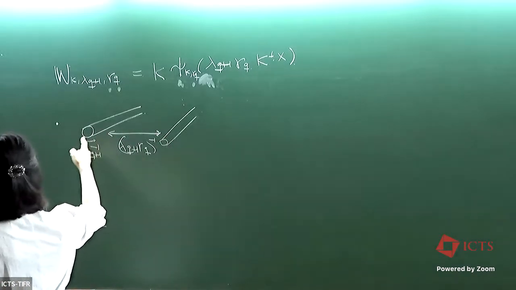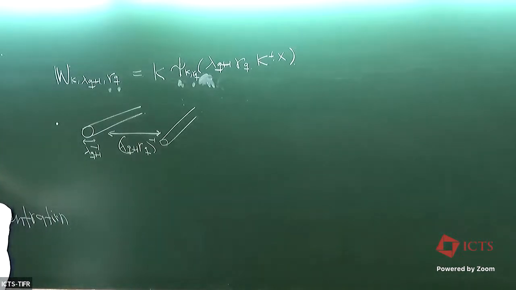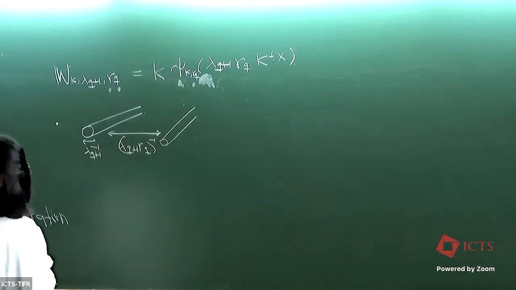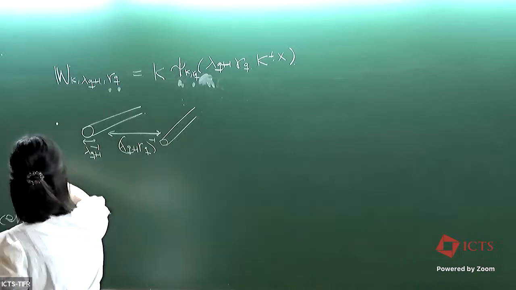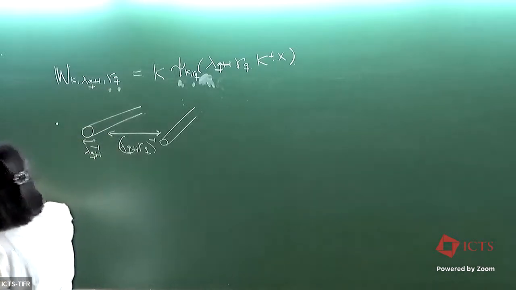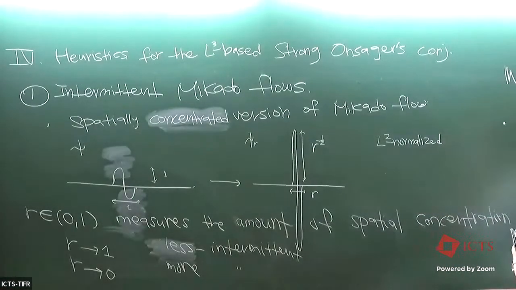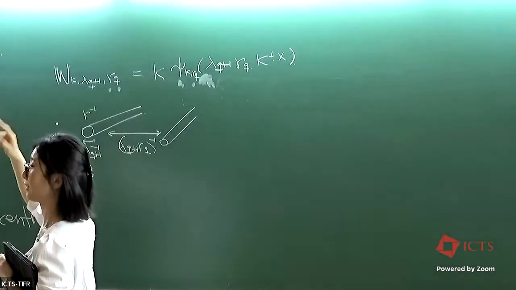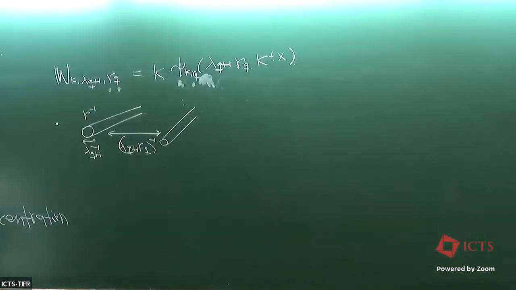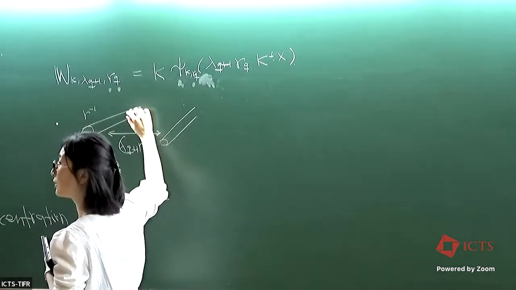So it depends on whether you use L2 normalization or L3 normalization. If it's L2, then you have this height. Okay, this is a one-dimensional picture, so the height will actually be lambda 1. The height of the associated function on this pipe, the amplitude.